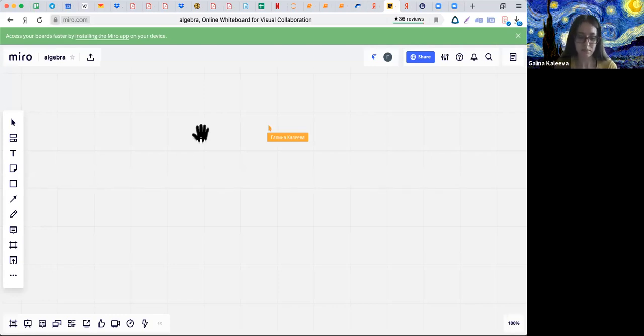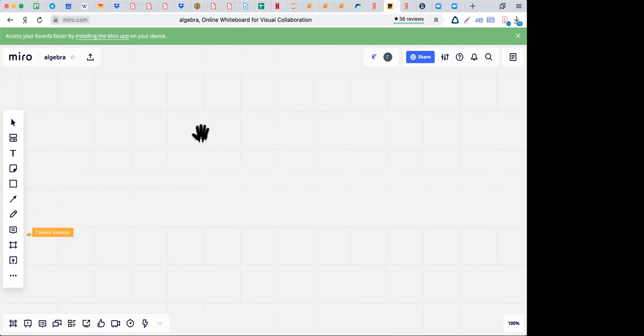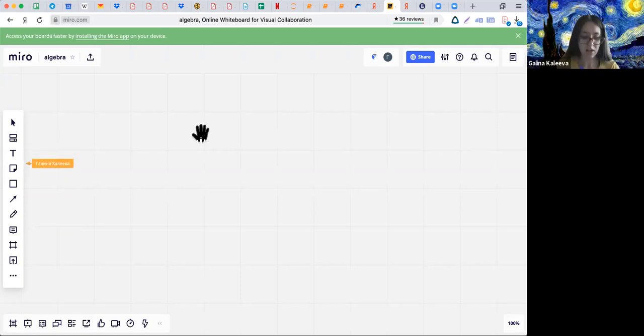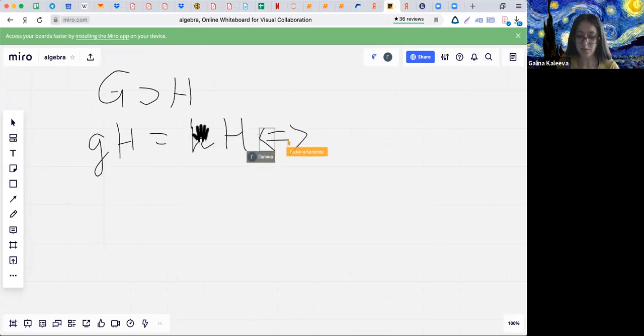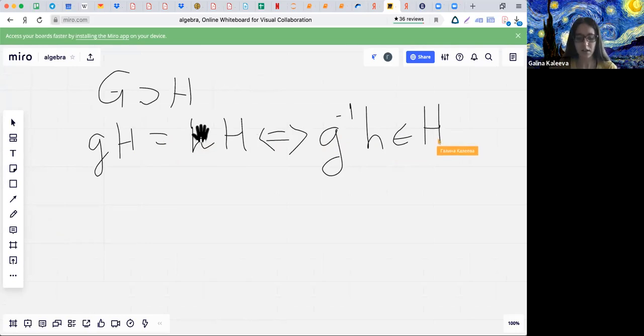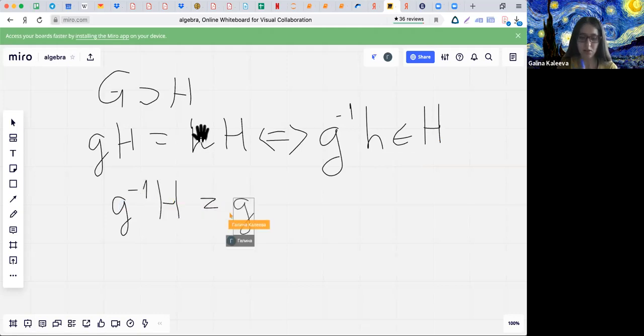We proved on Monday that if we have some group and some subgroup H in the group, two cosets are the same coset if and only if g to the minus first power h belongs to H. And you asked me if it is true that the coset of element g and the coset of element g inverse are the same.